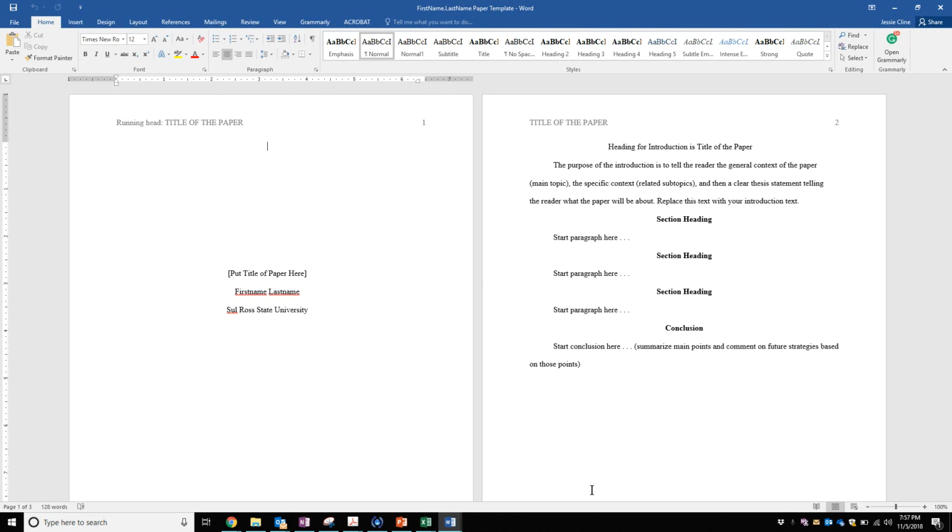We've strayed away from APA format, and it's one of the most important things that you have to learn. So if you notice here, title of the paper is your running head, and it stays up at the top. So I've already set it for you. You put the title of your paper here, and then I know it seems redundant, but you need the heading again.